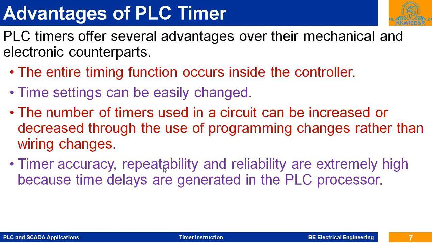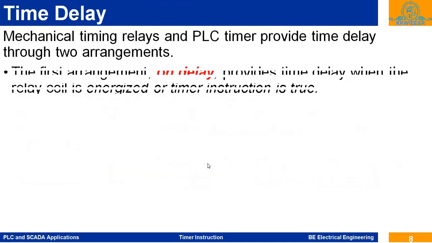Again, in the case of an electronic timer, if an RC circuit and resistances are there, the atmospheric temperature will affect it. And reliability: in the case of a mechanical timer, there are moving parts, so there are chances of wear and tear in the moving parts. So the timer accuracy, repeatability and reliability are extremely high in the PLC timer instruction.